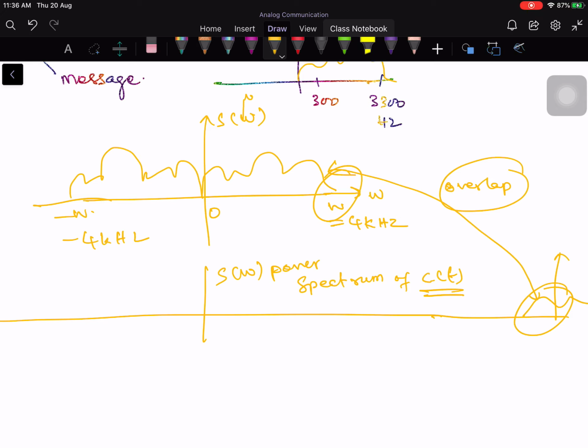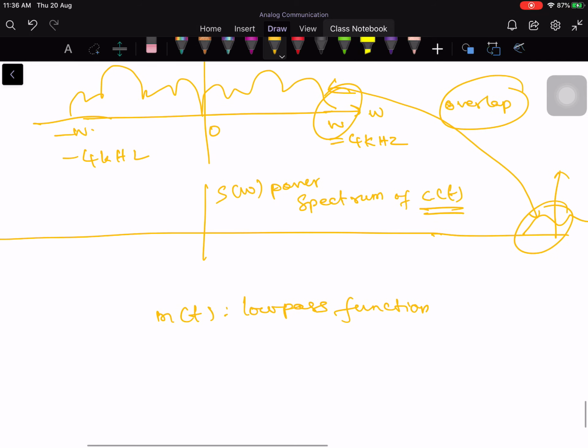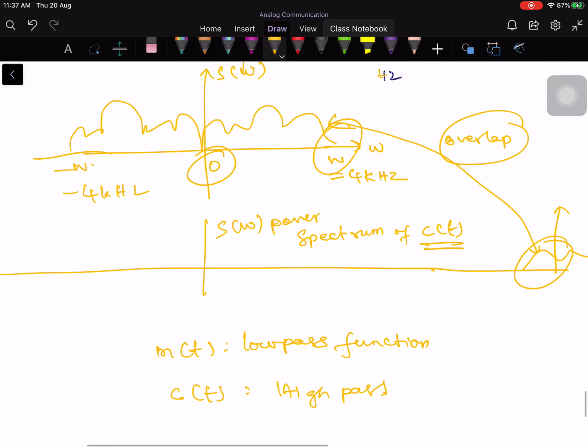So without loss of generality, let us say m of t is the low pass function and c of t is the high pass function. Low pass means its spectrum occupies the lower frequency portion, centered around 0 or close to 0.